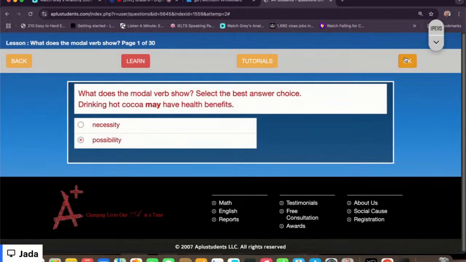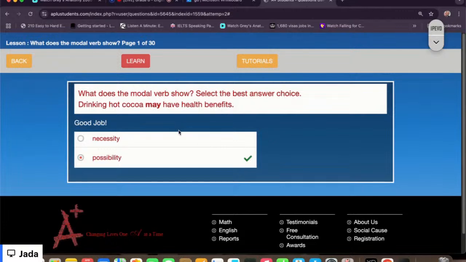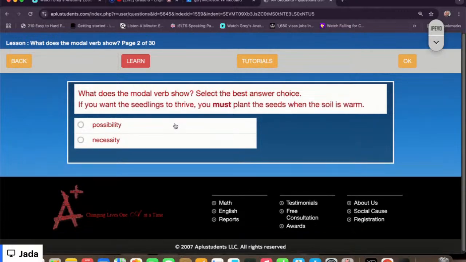So this is showing possibility, may. If you want the seedlings to thrive, you must plant the seeds when the soil is warm.